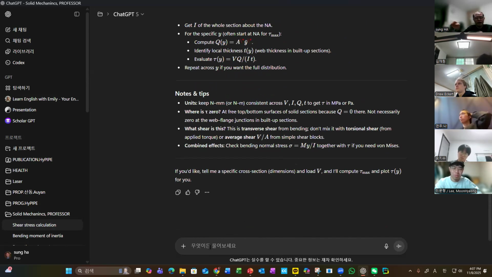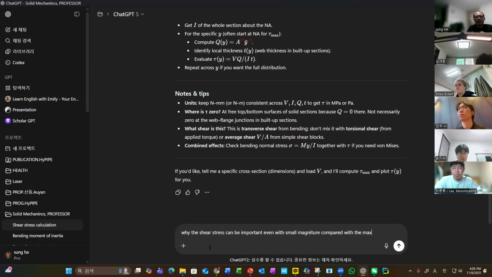Now let us ask why the shear stress can be important, even with a very small magnitude compared with the maximum bending stresses.